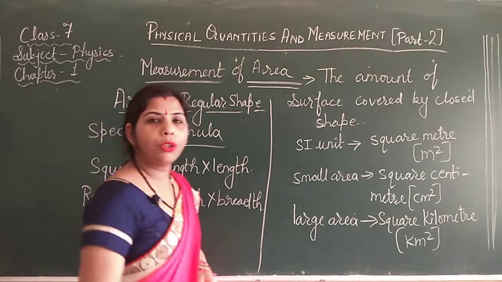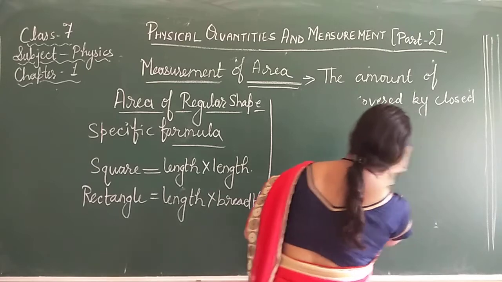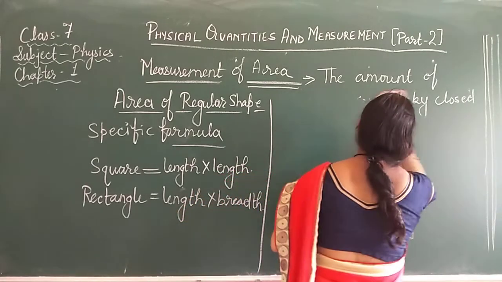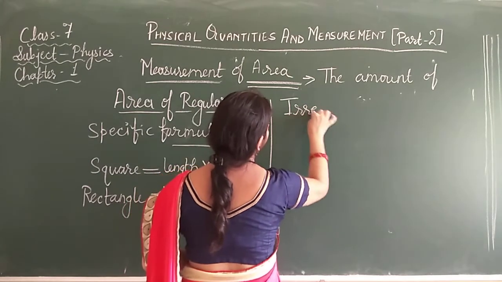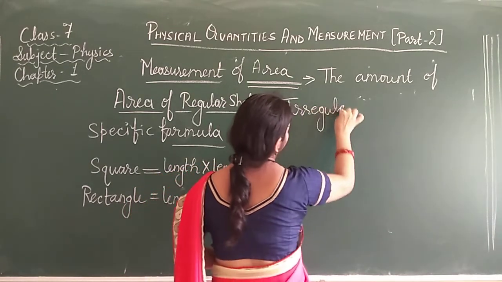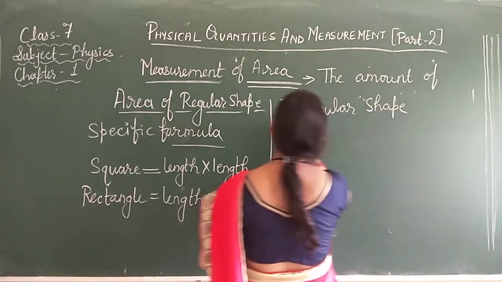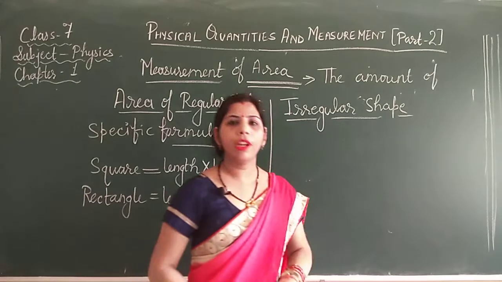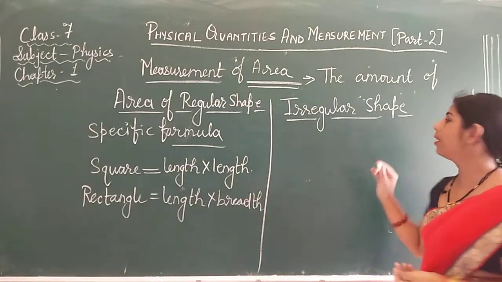But if we want to measure the area of an irregular shape, the area of an irregular shape is measured by using the grid.